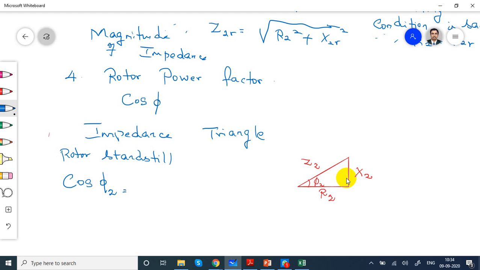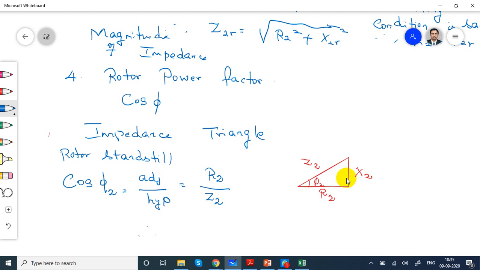What is cos phi? Cos phi will be adjacent divided by hypotenuse. Adjacent will be R2, hypotenuse will be Z2. Okay, R2 by Z2.